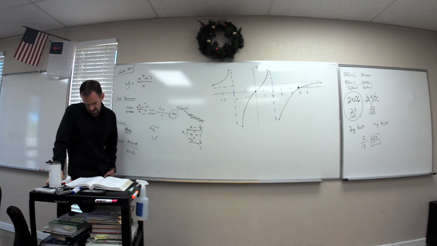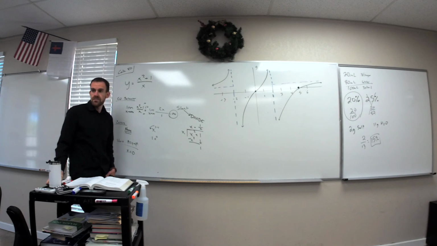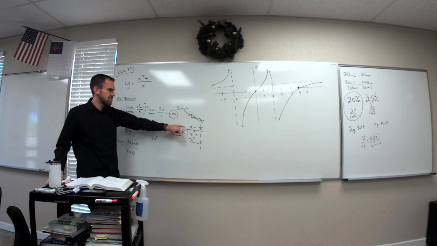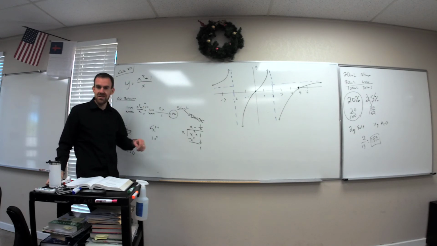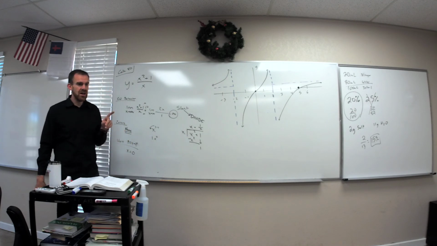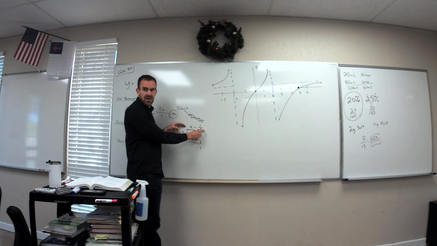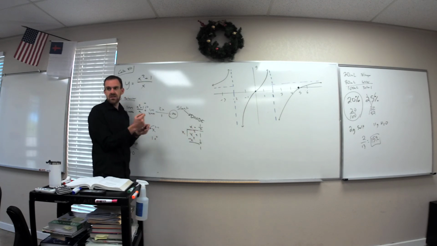Is that true? Yeah. So what does this tell us? This tells us that our function is going to follow x at really big numbers. Why? Because when I plug in infinity, this term goes away, and I'm left with x.